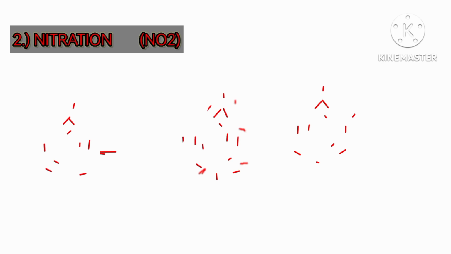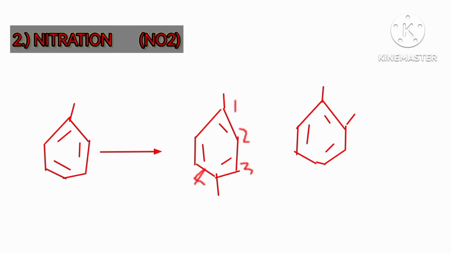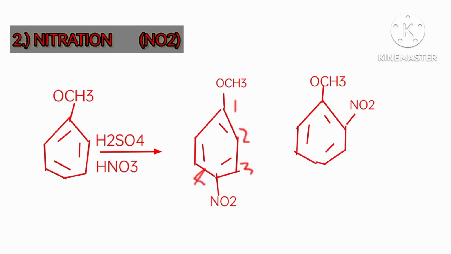Now let us move on to the next reaction, nitration of anisole, meaning replacement by the NO2 positive group. Whenever anisole is nitrated with a mixture of concentrated nitric acid, HNO3, and sulfuric acid, H2SO4, our ortho is 2-nitroanisole minor and our para is 4-nitroanisole major product.